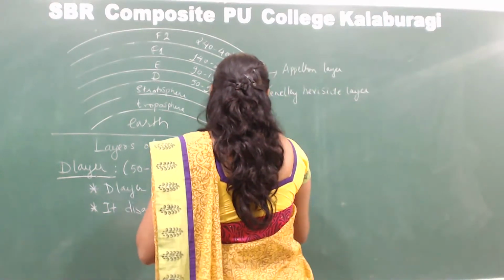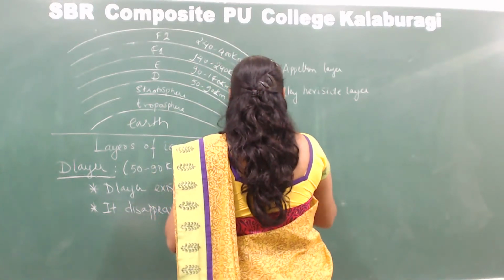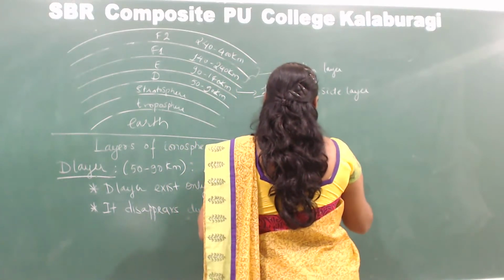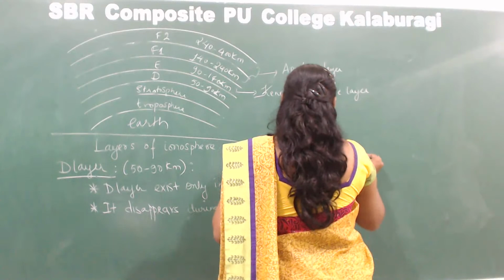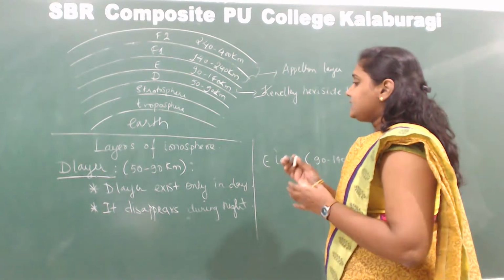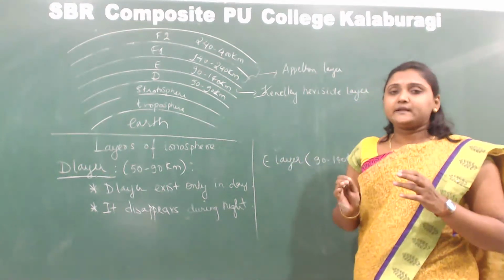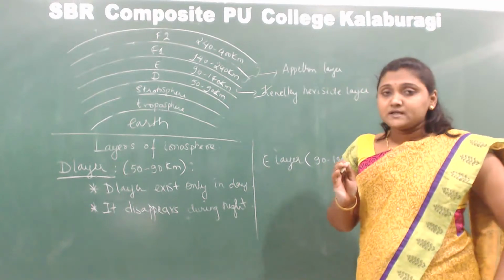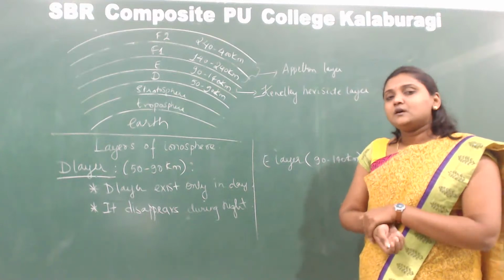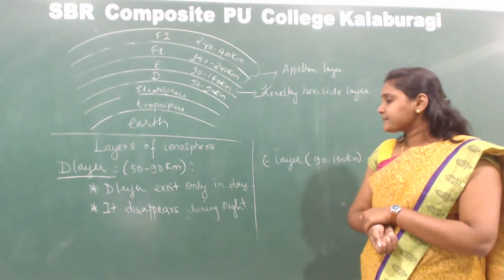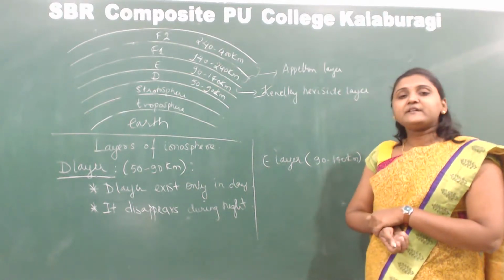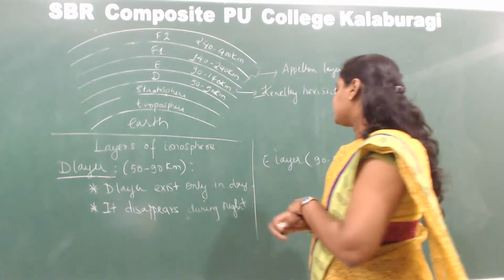Okay. E layer. Here the range is very important, 90 to 140 kilometers. About the E layer, what we have to see is, even though it appears in day and night, in both times, its strength is very weak during the night. Because of the absence of sun rays, even though the layer appears in both day and night time, its effect during night time is very weak.